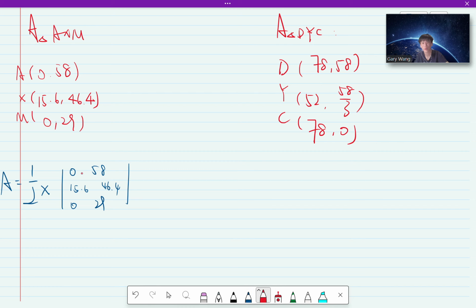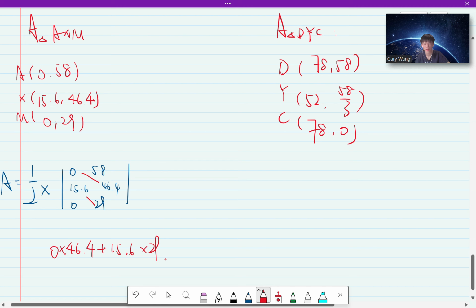We multiply 0 times 46.4, and 15.6 times 29, and add them up.